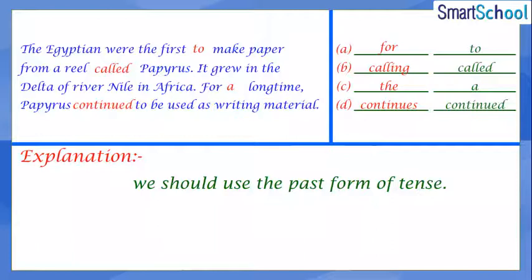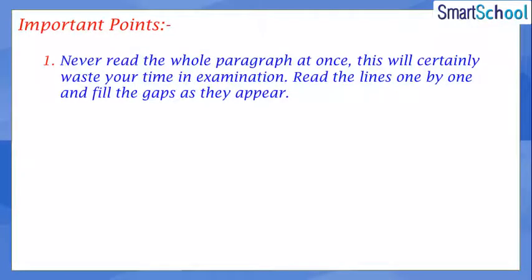So students, this is how the questions on error corrections are to be solved. Let us recap a few tricks we have learned while attempting this question. One: never read the whole paragraph at once. This will certainly waste your time in examination.